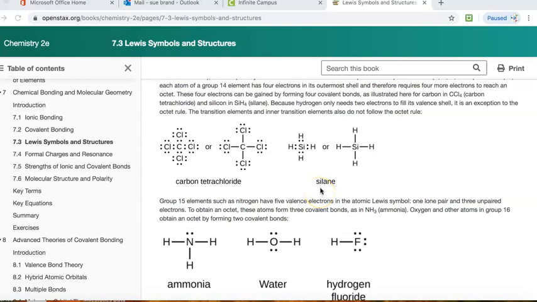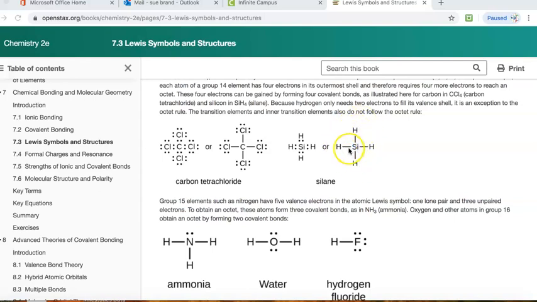Here we see silane. So silicon has 4 valence electrons, and hydrogen only needs an electron to form 2, so hydrogen should have 2 electrons around it.